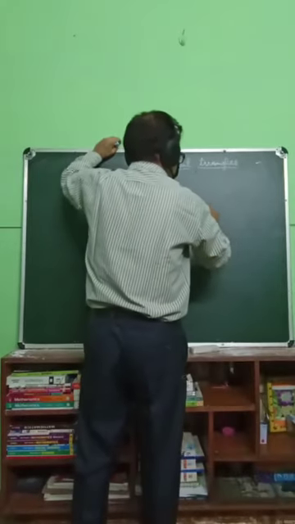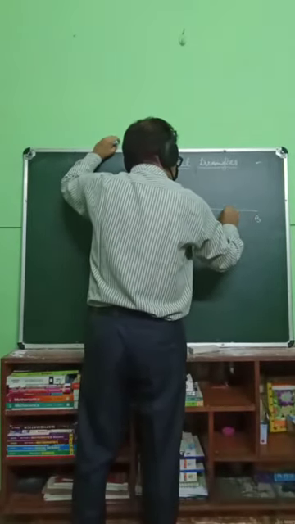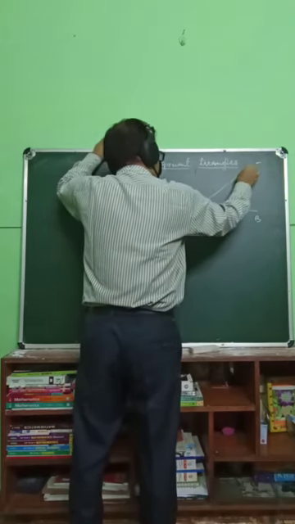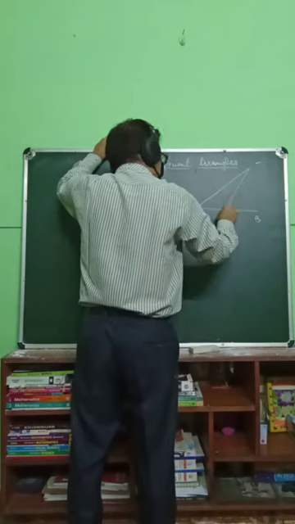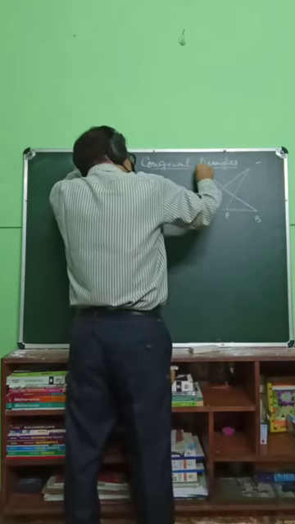What it says: AB is a line segment. P is its midpoint. From A, a line is drawn like this, and from B another like this.